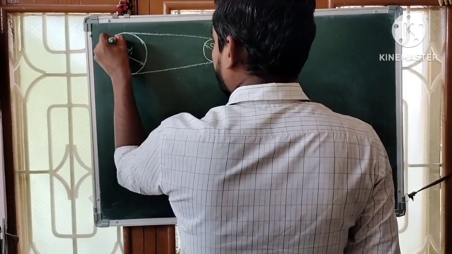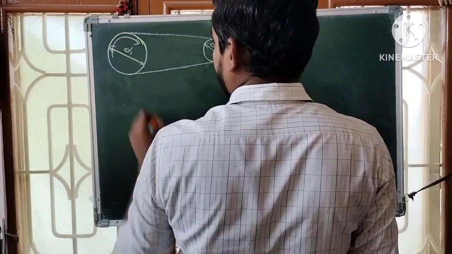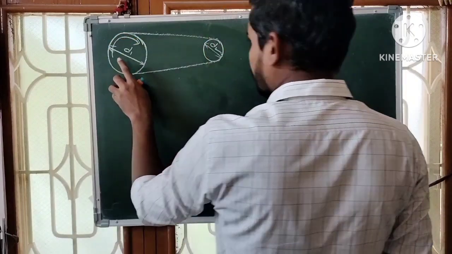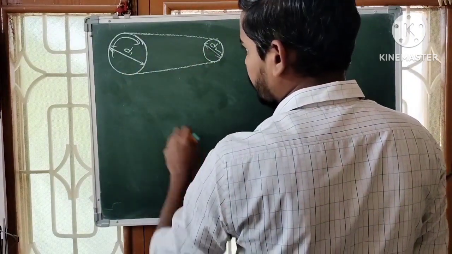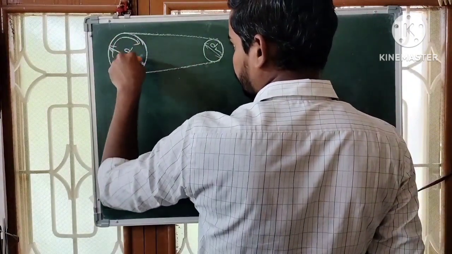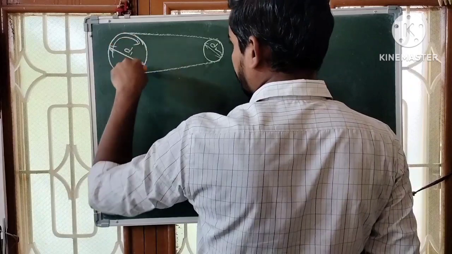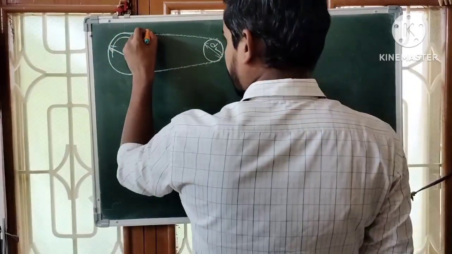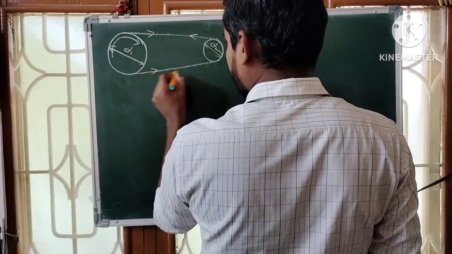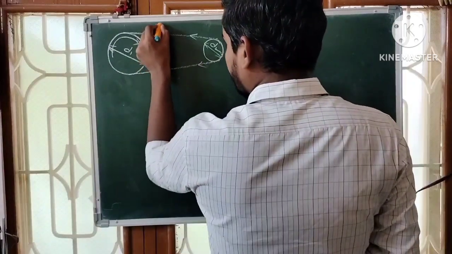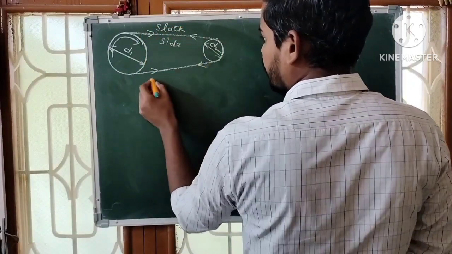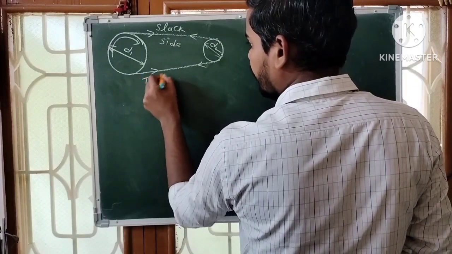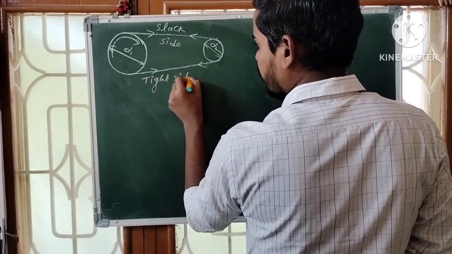Suppose the larger pulley is the driving pulley rotating in clockwise direction, and this is the driven pulley. This side is called the slack side, and this side of the belt is called the tight side.